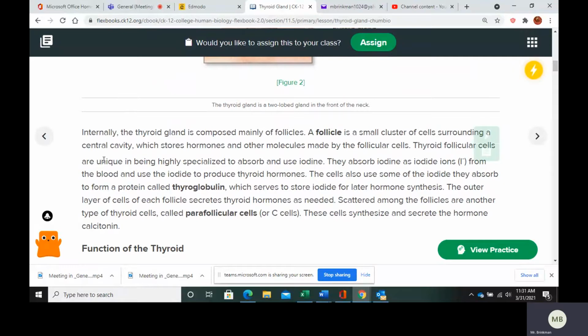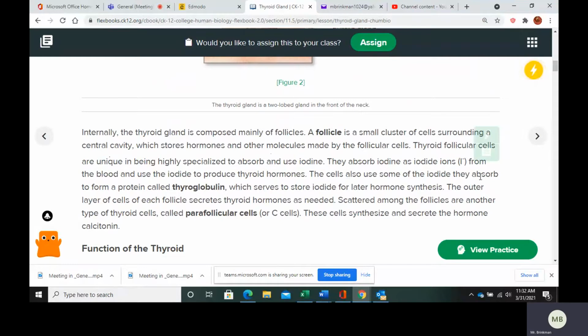Follicular cells are going to be able to absorb and use iodine. So they're going to absorb iodide ions from the blood and use the iodide to produce thyroid hormones.